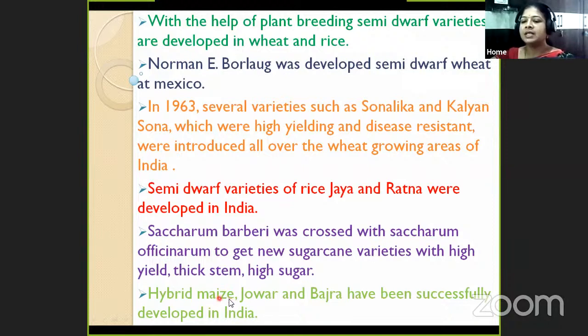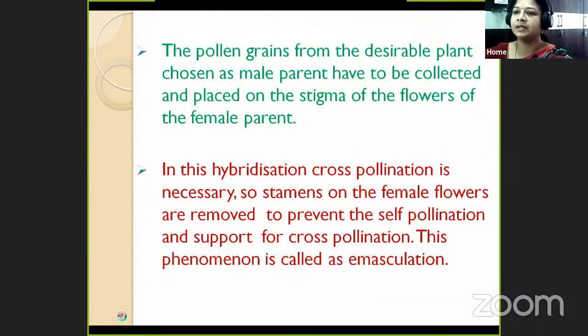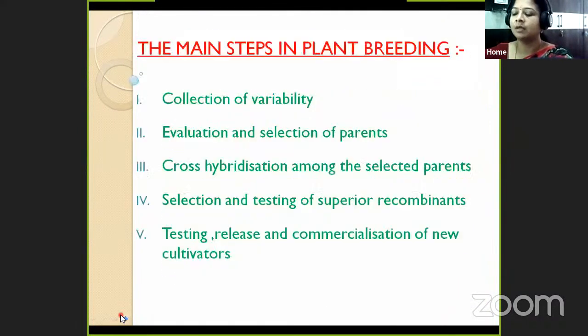So in maize, Jowar and Bajra, a number of hybrid varieties are developed in our country with the help of plant breeding. That is about plant breeding, the main steps of plant breeding and applications of plant breeding. This question is very important for essay type or long answer.